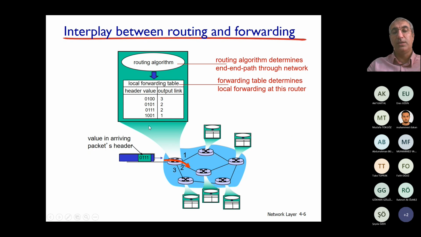If this is within this range, then you direct this packet to output number 2. So this is called forwarding. But routing is from source to destination.